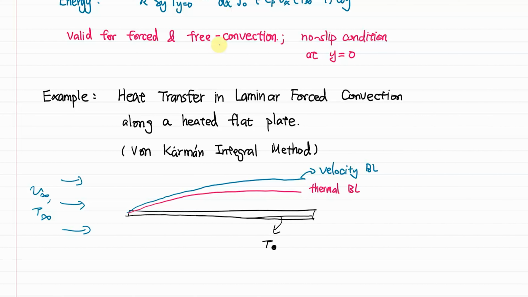If we look at the velocity profile, it should look like this and become flat outside the velocity boundary layer. We also have a temperature gradient that might look very similar. Outside the boundary layer, T equals T infinite, and outside the velocity boundary layer, V equals V infinite.